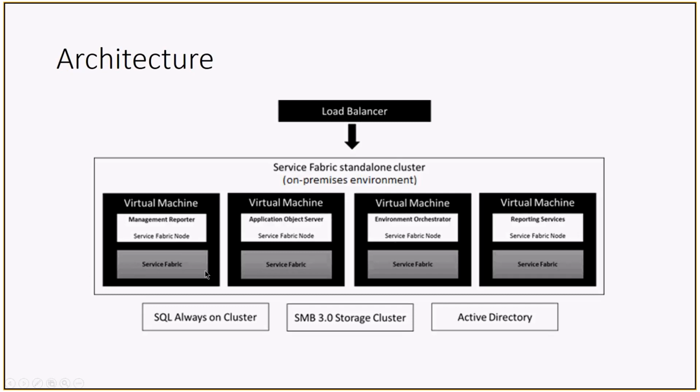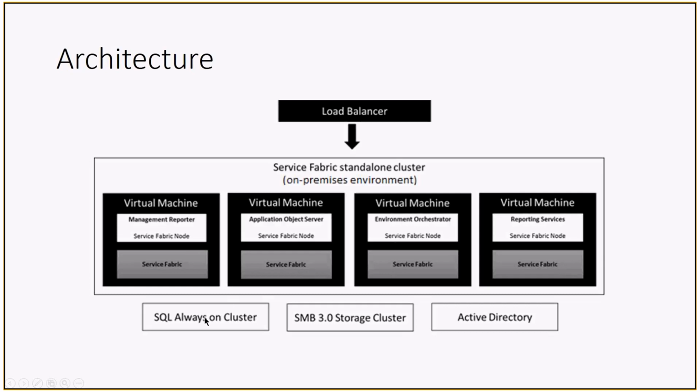Each virtual machine has Service Fabric installed on it, and then all services such as financial reporting, your application object server, which hosts the AX application, the environment orchestrator, which orchestrates the deployment of the different components, and reporting services will run on top of Service Fabric.